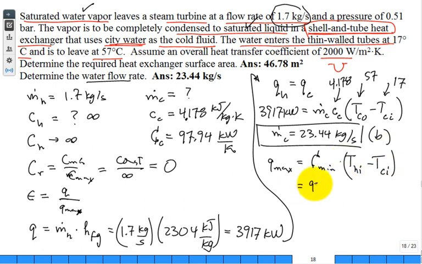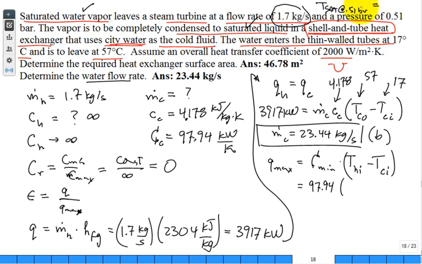So it's 97.94 times temperature hot in. I need to get the saturation temperature at that pressure of 0.51 bar.